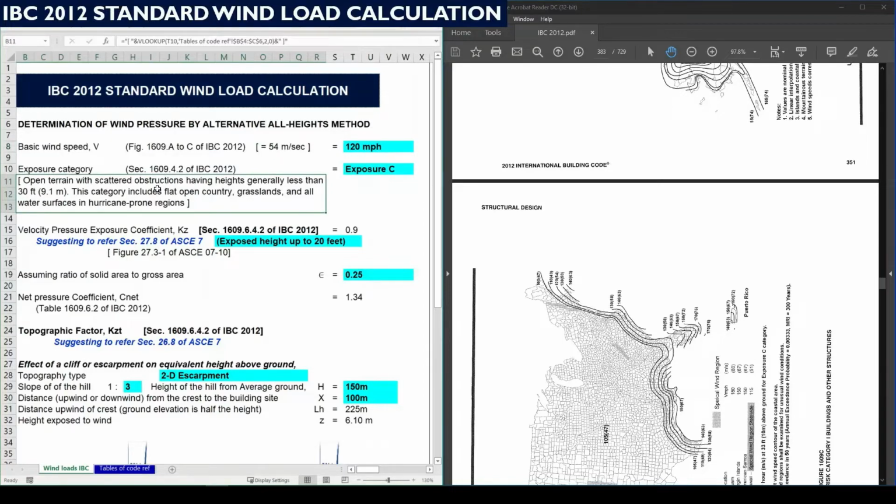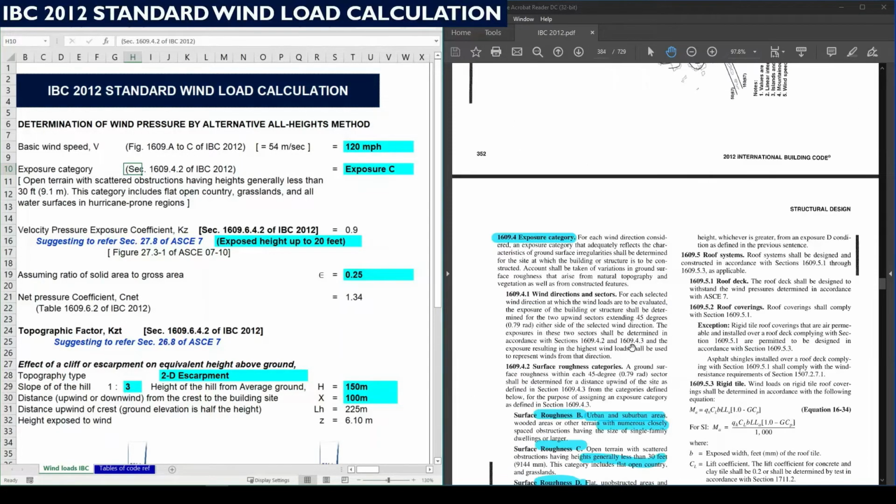Next one is the exposure category. This is as per the project location and the surrounding obstructions which are exposed to wind. The exposure categories are defined in section 1609.4.2 of IBC 2012. For that, page number 384 is to be referred.